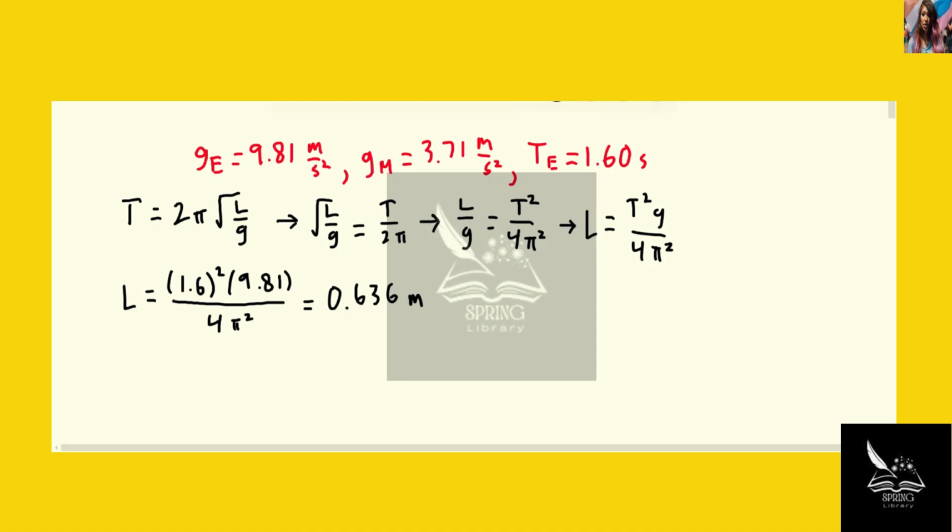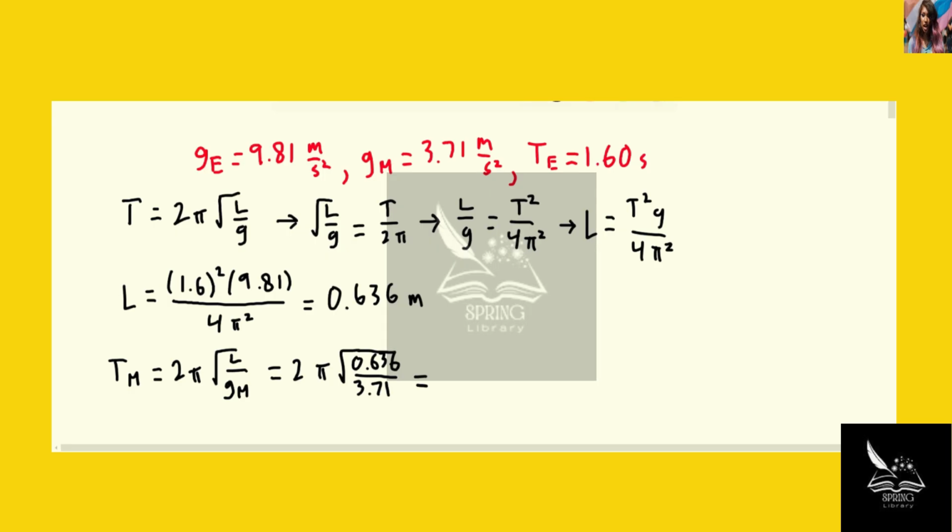Our period on Mars, Tm, is going to be equal to 2 pi times the square root of L over the value of gravitational acceleration on Mars. So we've got 2 pi times the square root of 0.636 over 3.71.